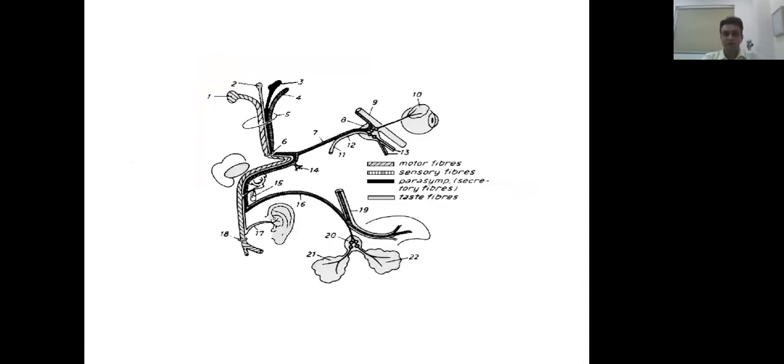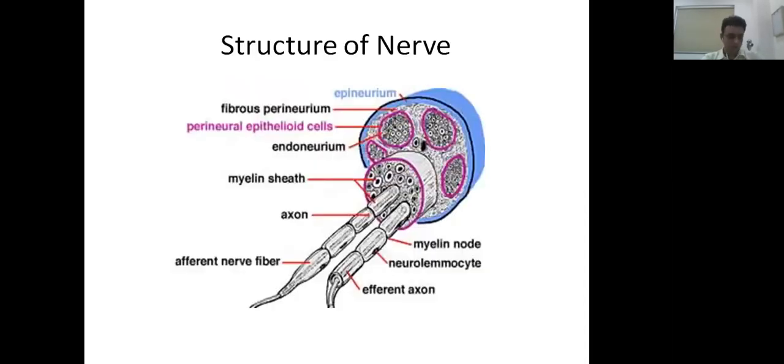This diagram is to show the composition of the facial nerve. So, a cranial nerve or any nerve in our body for that matter has a composition or structure in the form of axons. Then there is a myelin sheath that surrounds the axons.